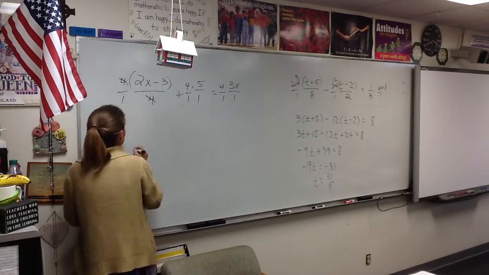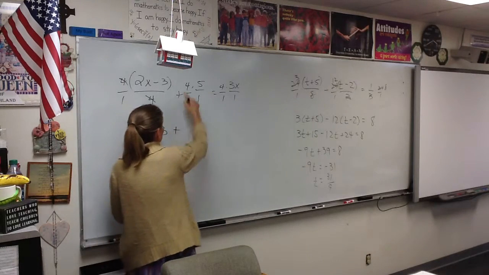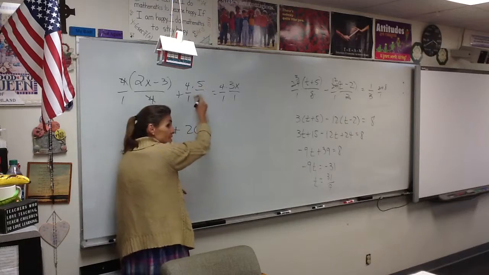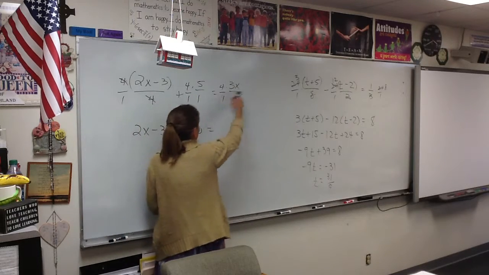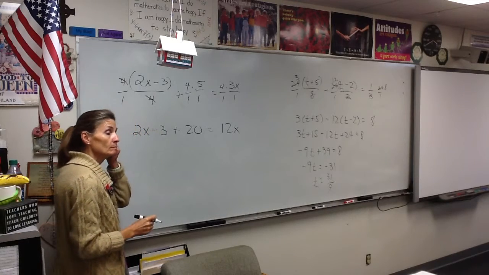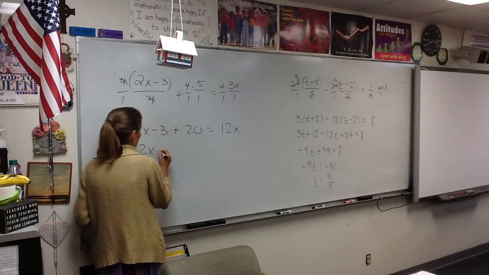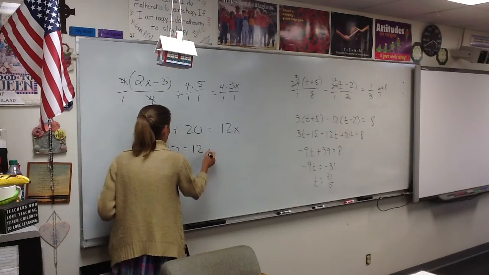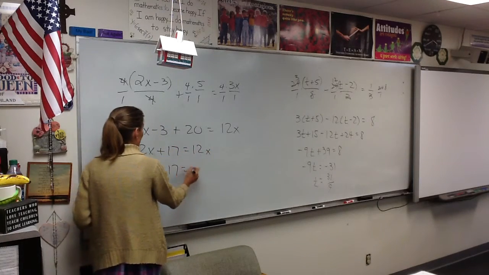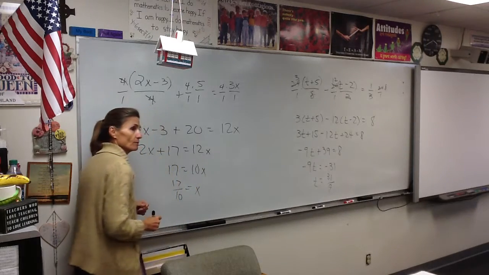So this will cancel totally and leave me with 2x minus 3. This will leave me with 20, and this will leave me with 12x. Oh, I got 17/10 as my answer.